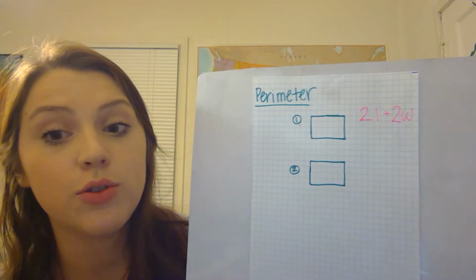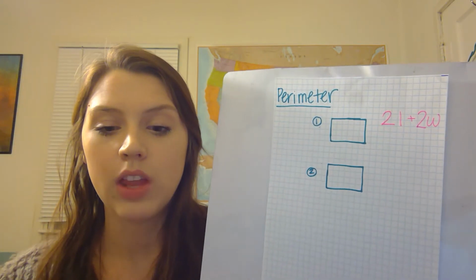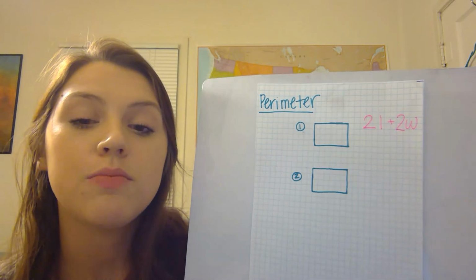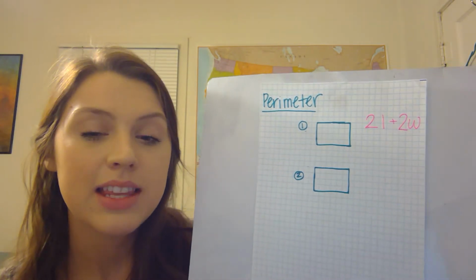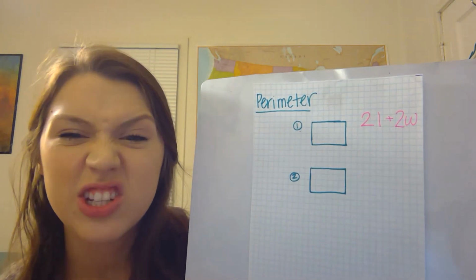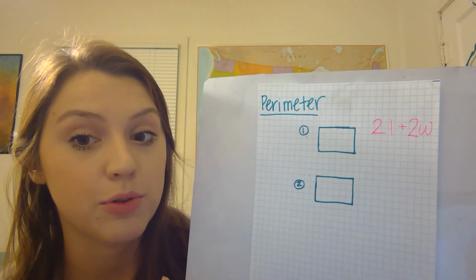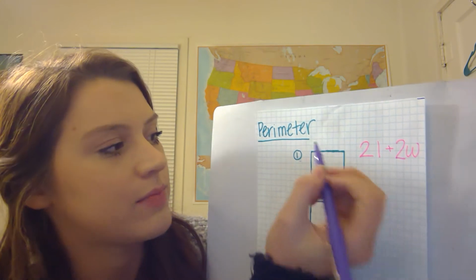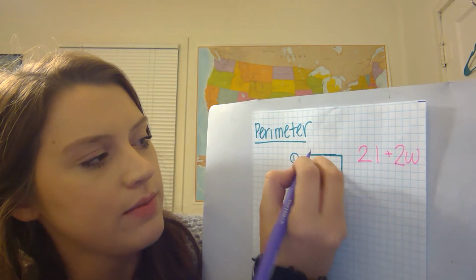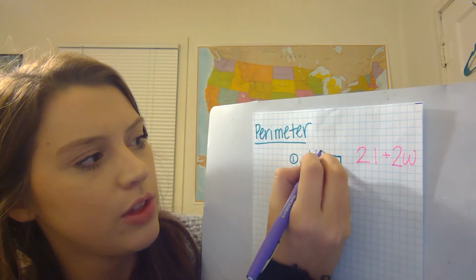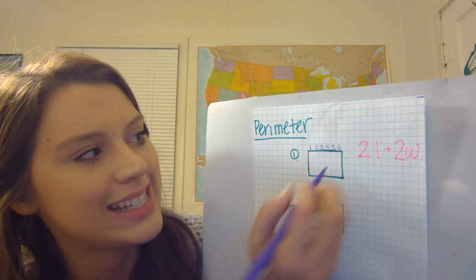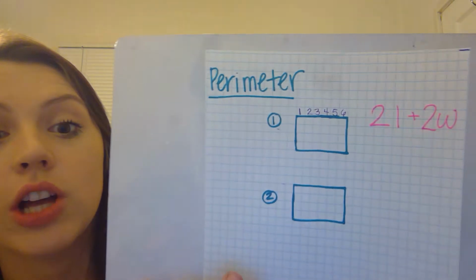Before we solve using this strategy in the equation, we're going to solve a different way. This would be counting. This is a beginning strategy if you're still getting your feet wet on learning how to solve perimeter. So let's count each side together. 1, 2, 3, 4, 5, 6. I have 6 on top.